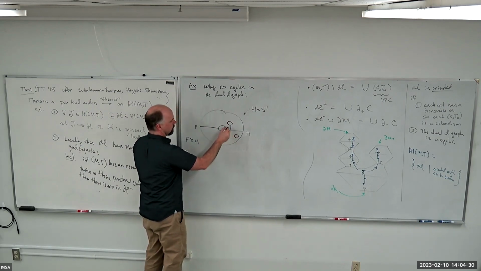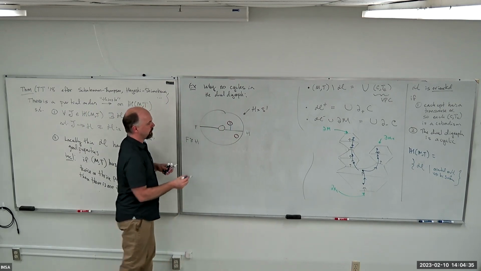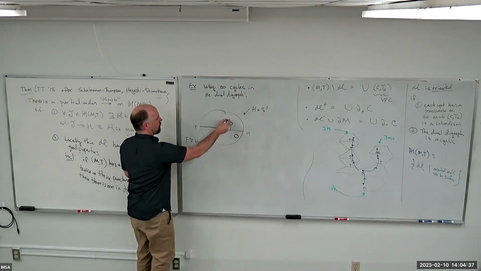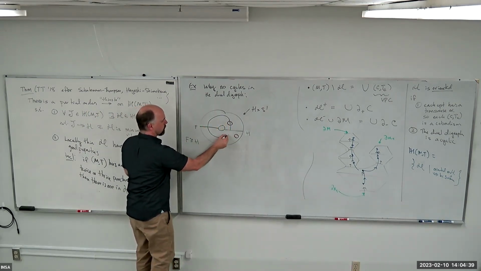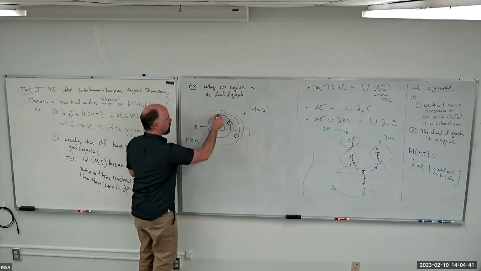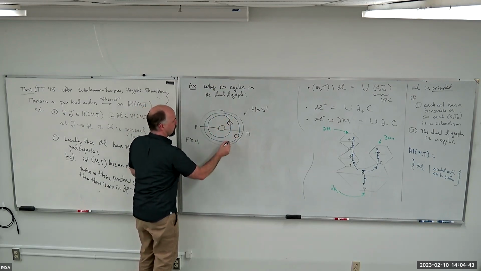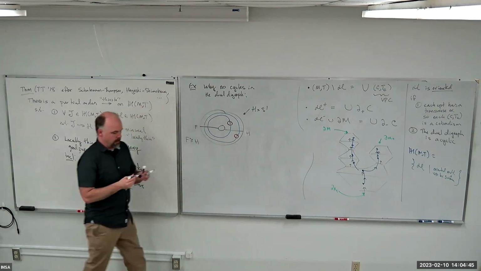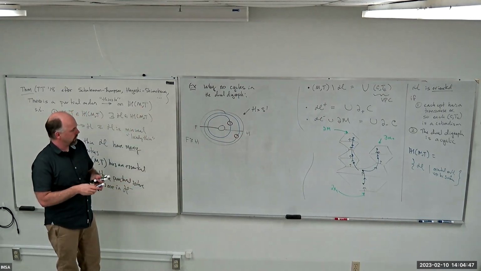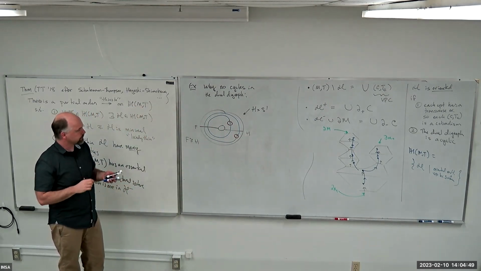So I have a knot coming in here, and it does a whole bunch of stuff on the inside of that three ball, and then it comes around here, closes up. Does a whole bunch of stuff, and another loop that does a whole bunch of stuff there.